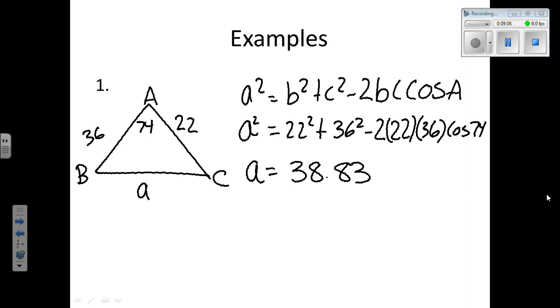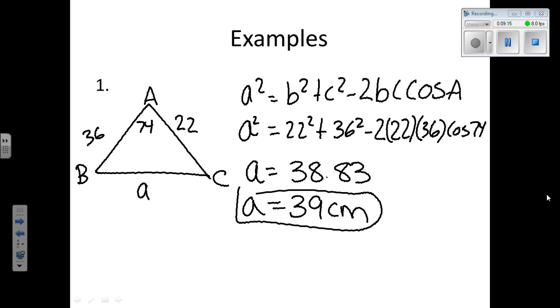To the nearest centimeter, that is going to equal 39 centimeters.